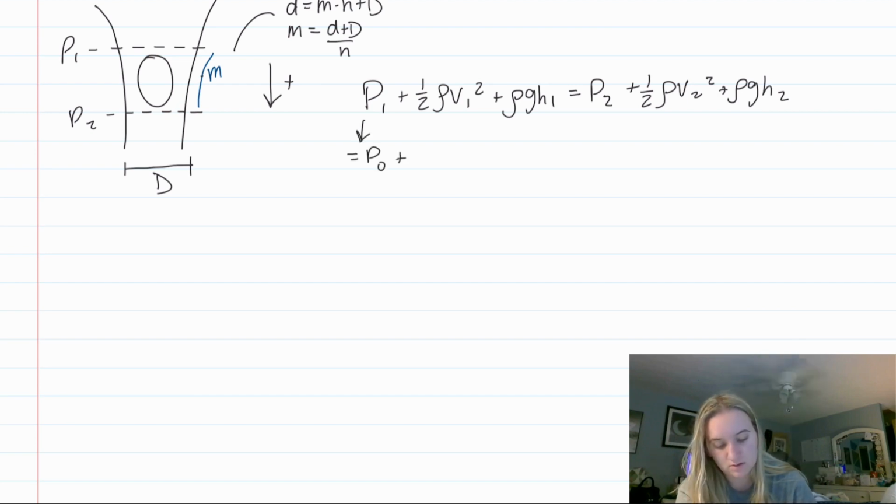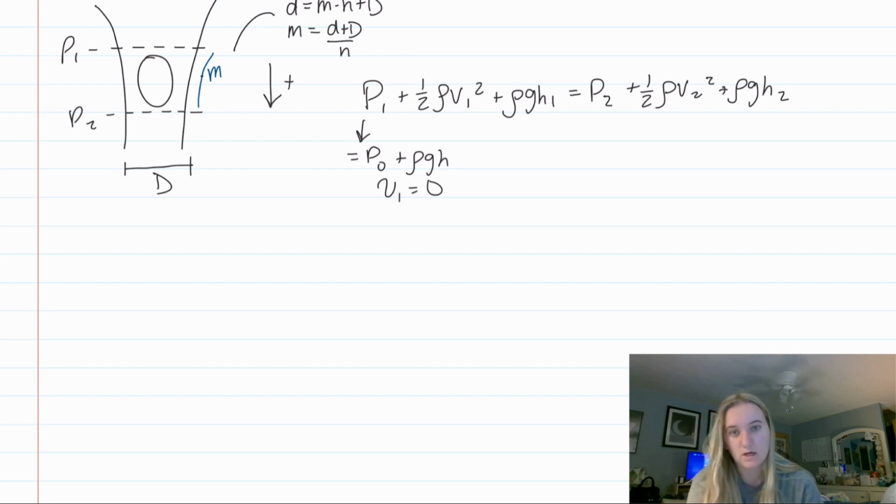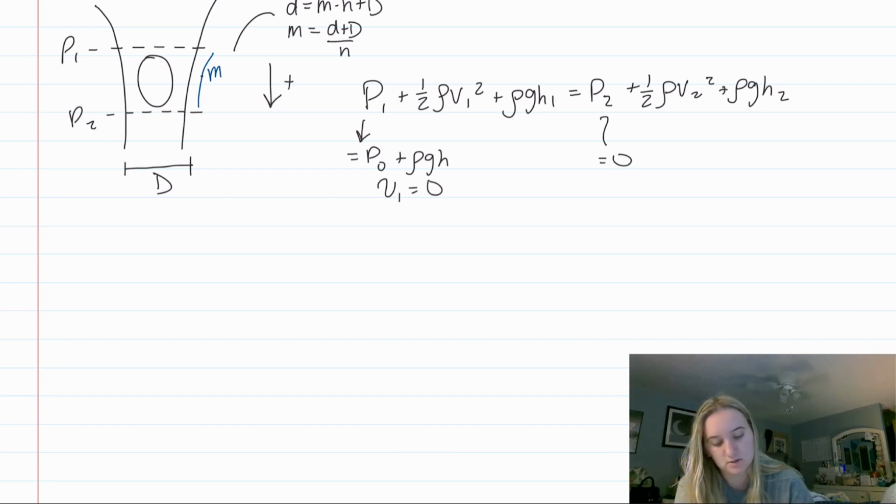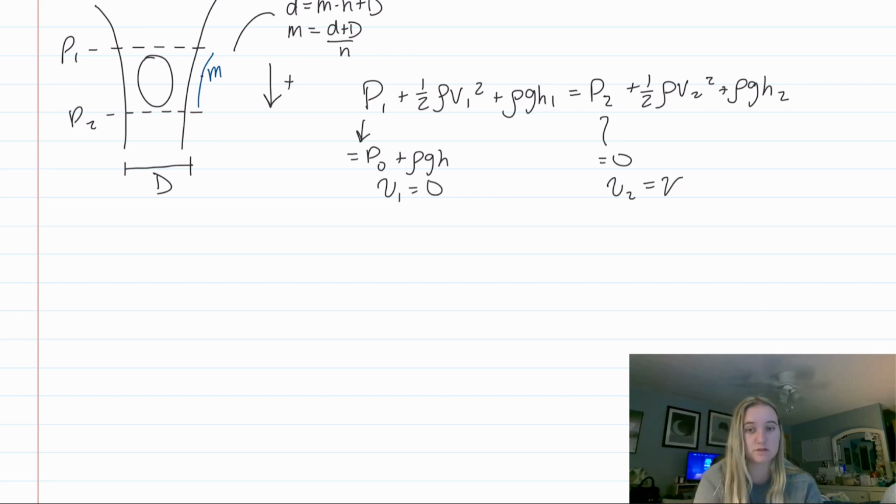P1 is going to be equal to P0 plus rho GH, and V1 is going to be equal to 0, and then just after the ball is going to be P2, and it's going to be equal to 0 since the flow is assumed to be fully developed after the ball, and then our V2 is going to be equal to V, which is going to be the velocity of the fluid.